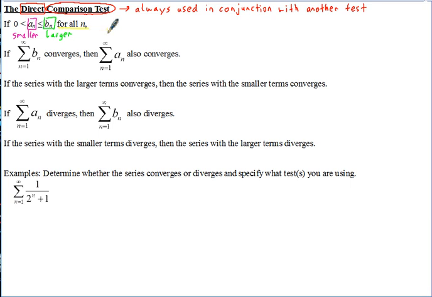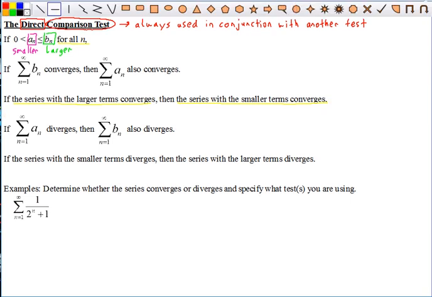So what this first one is saying is if the series with the larger terms converges, that's this one, then the series with the smaller terms, that's this one, converges. So let's see visually why that would have to be the case. Well, let's do a little sketch of what this could look like.